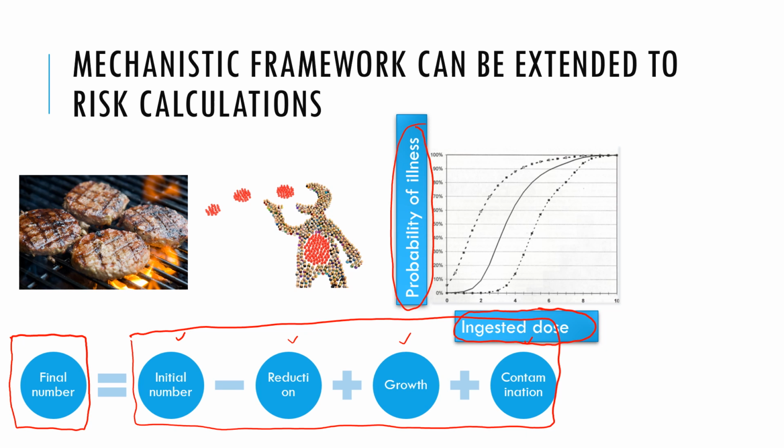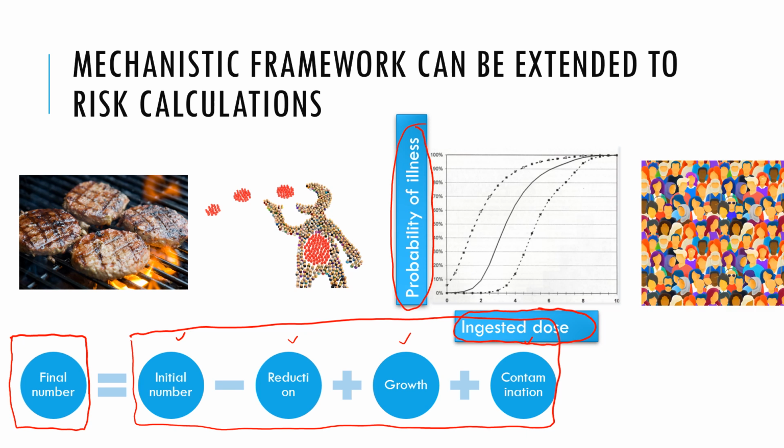We combine all this at the population scale, and that's what is referred to as risk. So risk would be the probability of illness for the entire population.